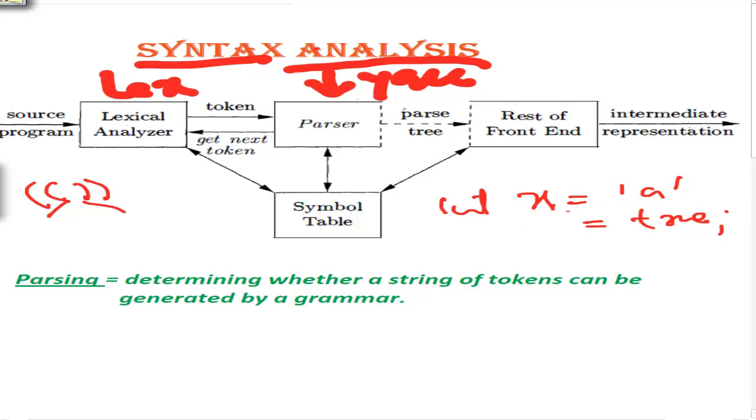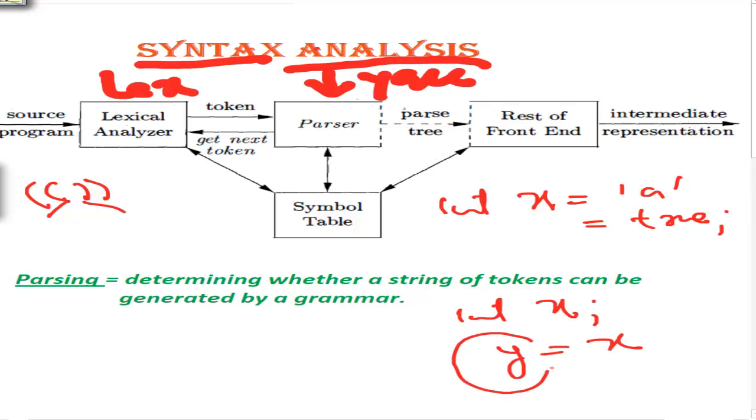Now this is the one thing. The second thing which the parser will not do is the variable declaration. For example, you are saying int x here, and then later on you are trying to put this x into something, maybe into some variable, y equals x.